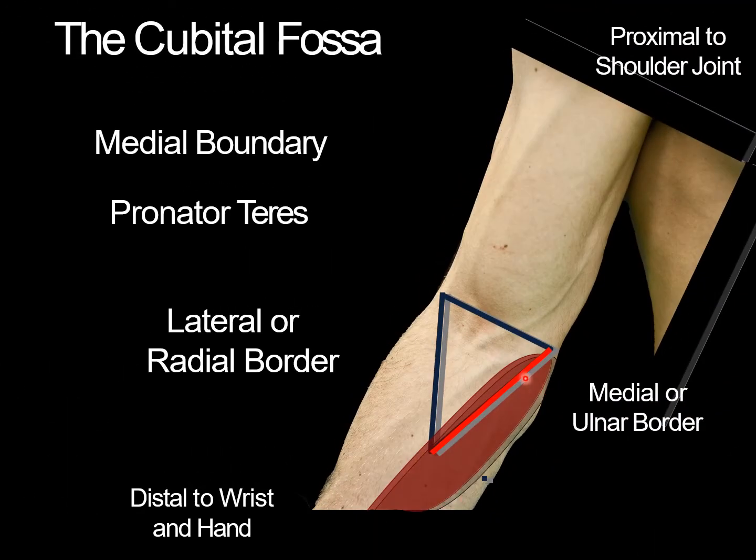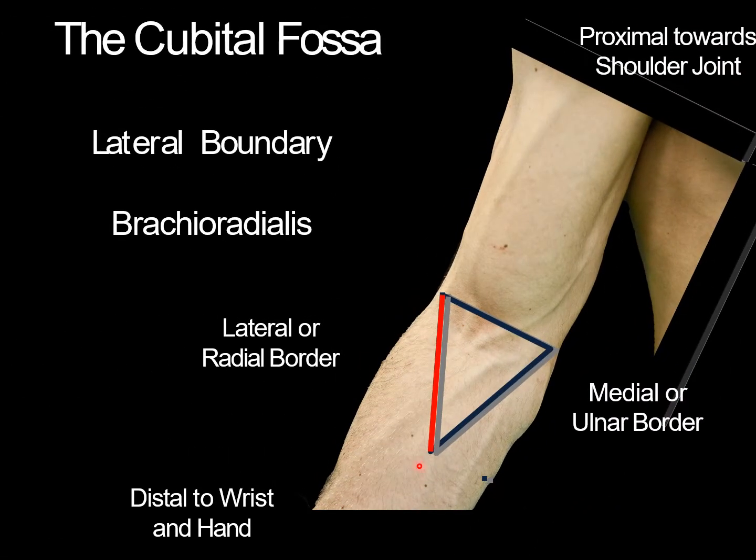You can see this red one. This is the pronator teres muscle which forms the medial boundary or the ulnar border. This is the lateral border which is formed by the brachioradialis muscle. You can see in this picture.